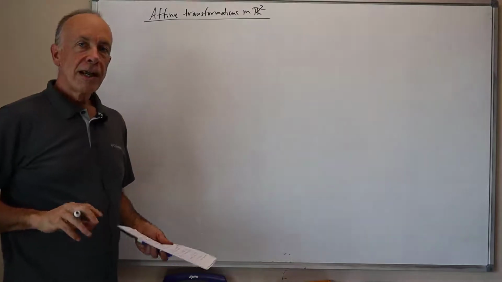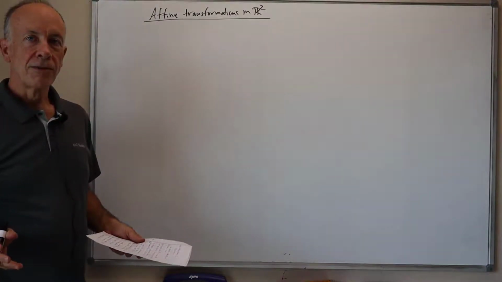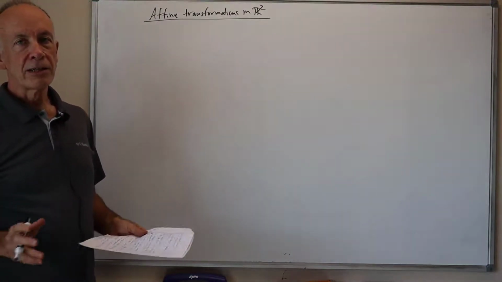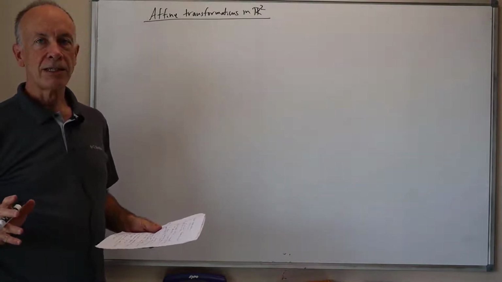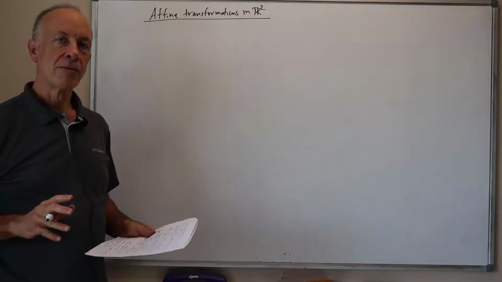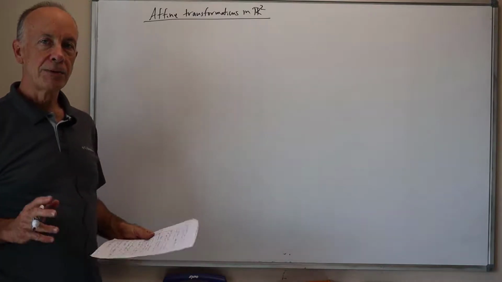So before I define affine transformation, I want to define the notion of a translation. A translation is a mapping which moves points around without changing their size or their shape or their orientation. It only changes their position.